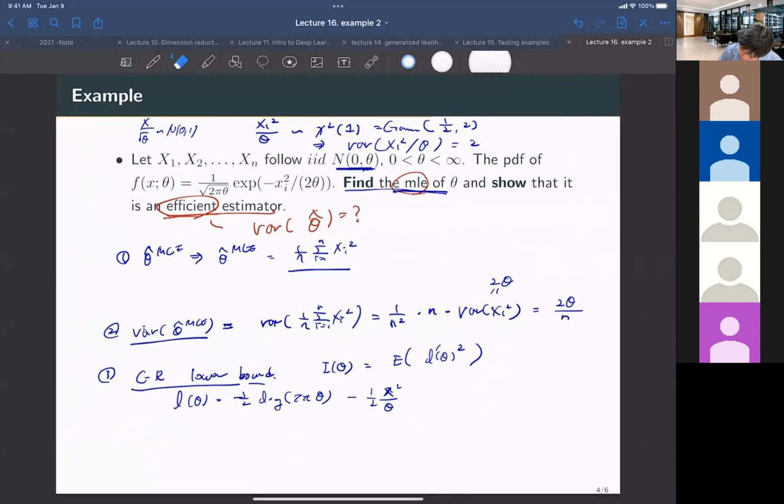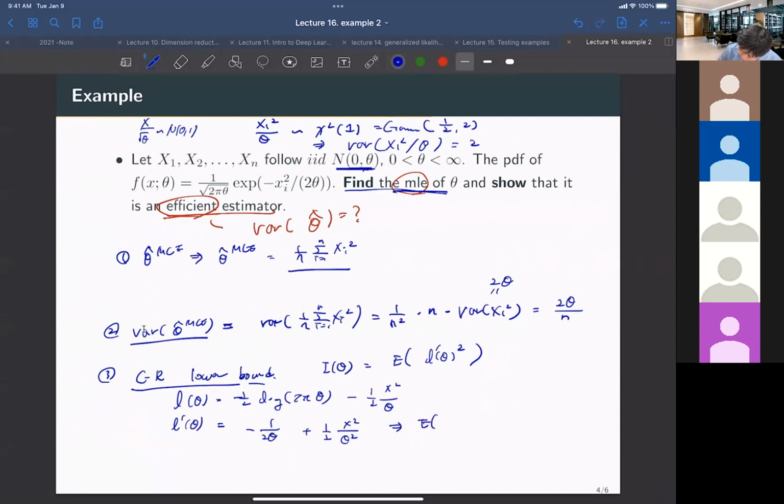So anyway, take the derivative: minus 1 over 2 theta plus 1 over 2 x squared over theta squared.